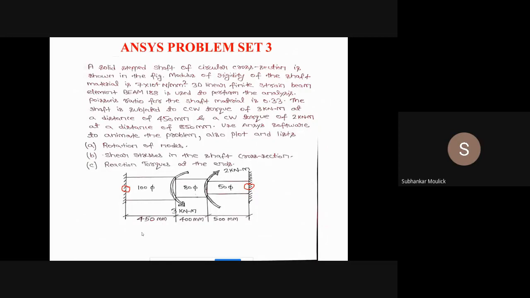Yes. If you see in the diagram, both the two ends are fixed. If both the two ends are fixed, then nodal point 1 and nodal point 4 will not rotate. That will be fixed. If there is no rotation, then theta will be 0 for nodal point 1 and for nodal point 4, along all the axes: if you take x axis, y axis, z axis.